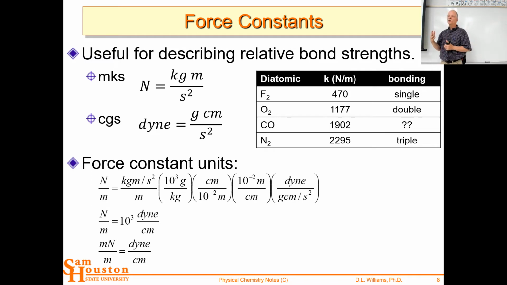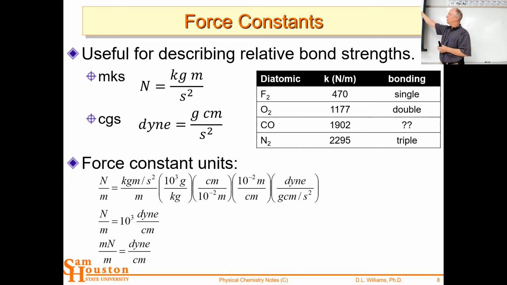But there's also CGS, which is centimeters, grams, and seconds. It's still distance, mass, and time, but we have different names for these different units, systems. So you've heard of newtons, that's the MKS unit of force, but a dyne is the CGS unit of force. So when you hear dynes, we're talking CGS.